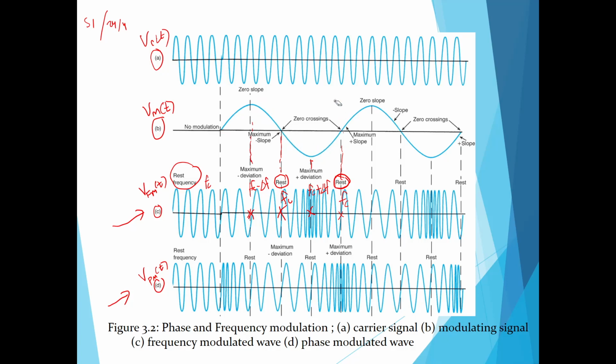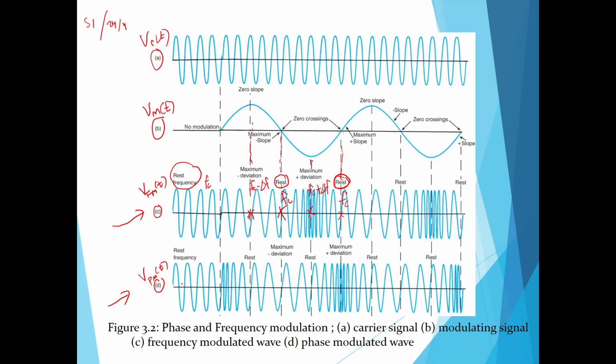Okay, graph D. For phase modulation, you're going to see that the critical change happens when the input message crosses the zero crossing, whereas when the input message is at peak amplitude, the output is going to be at rest frequency. Dia terbalik.